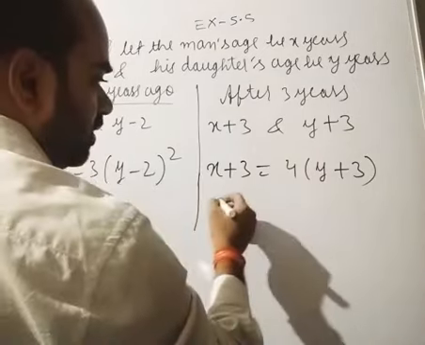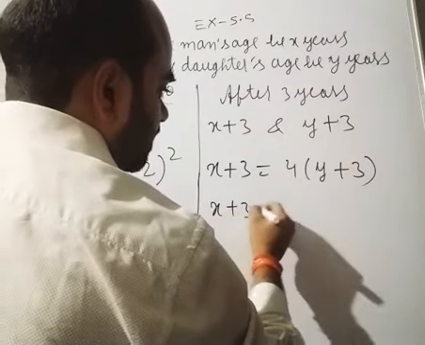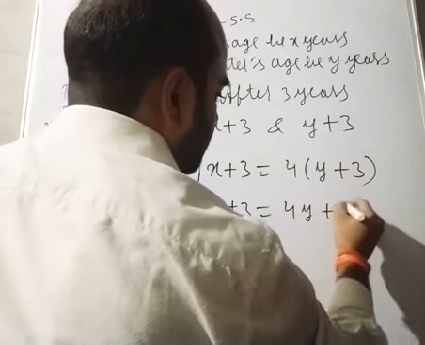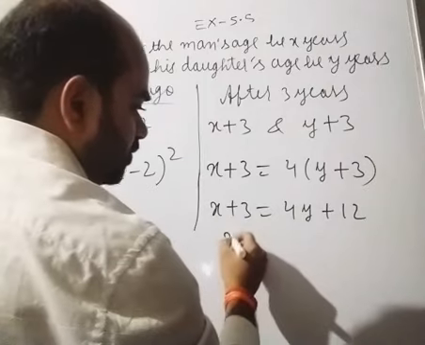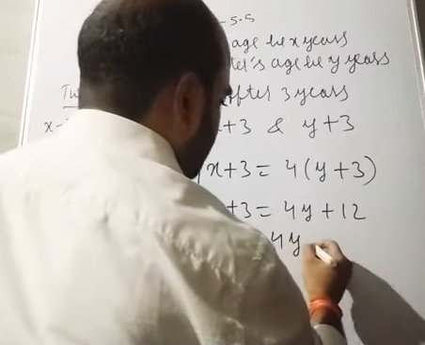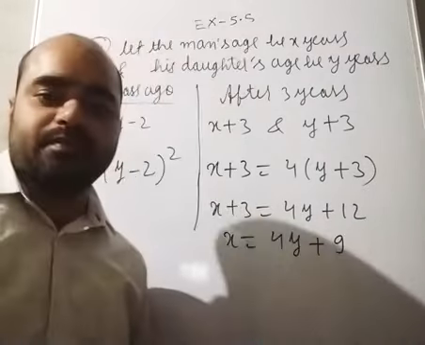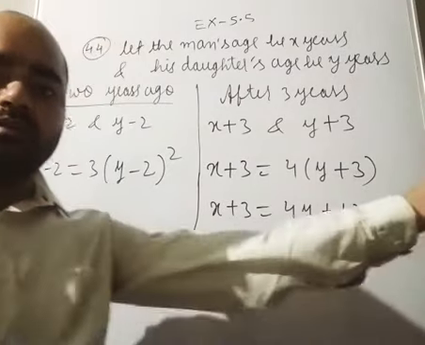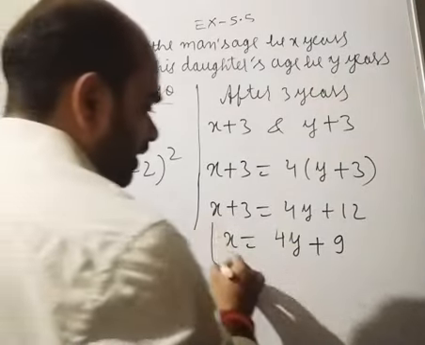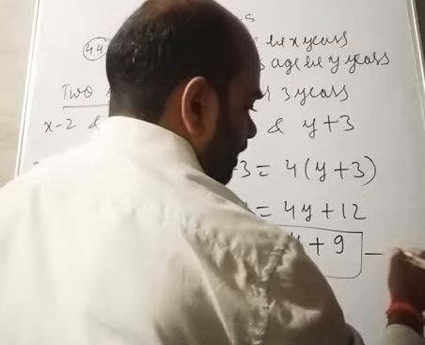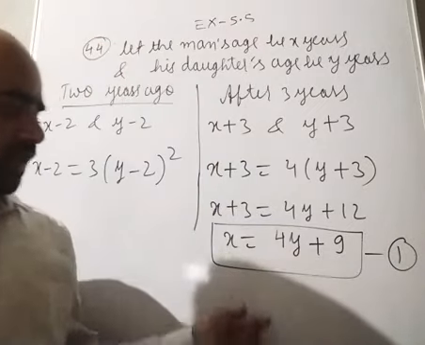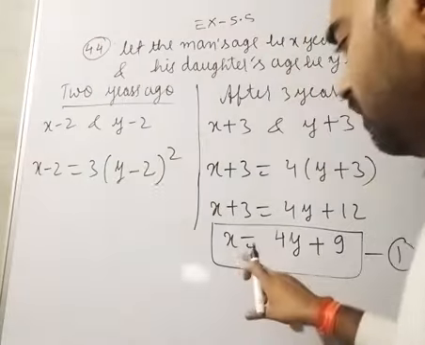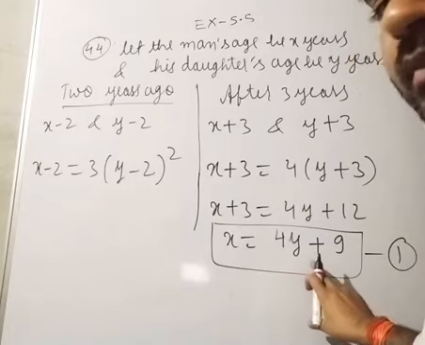Here x plus 3 will be 4y plus 12. It means x will be 4y plus 9. Correct? It means first we have obtained x in terms of y. It means we can substitute x is equal to 4y plus 9 in any of the equations.